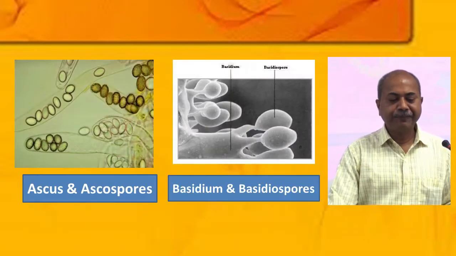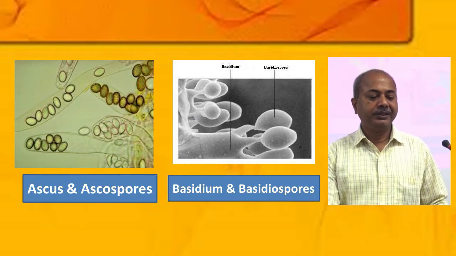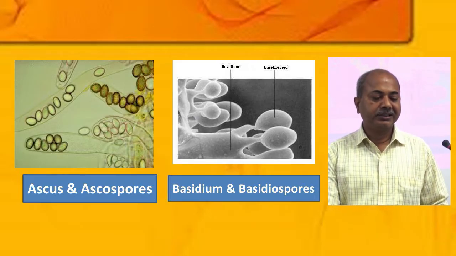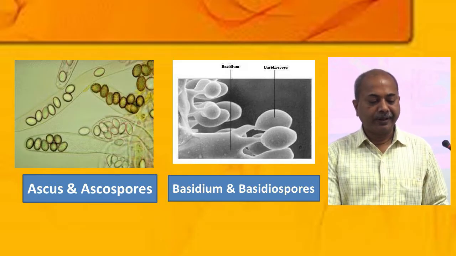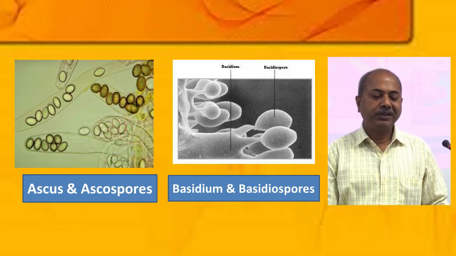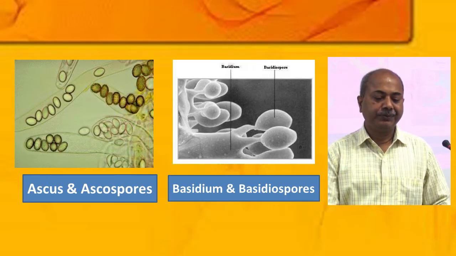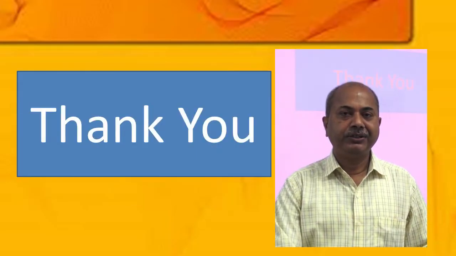So you can see here that in the ascus usually 8 ascospores are there, and in the basidium it is a bulbous swelling on which the 4 basidiospores are produced.